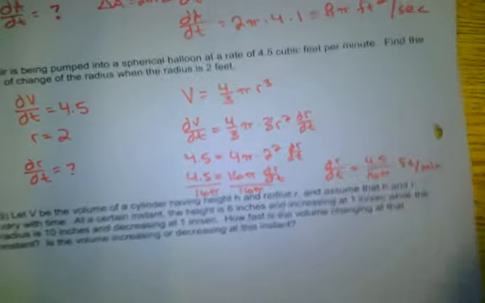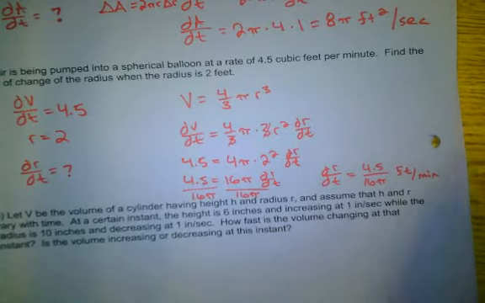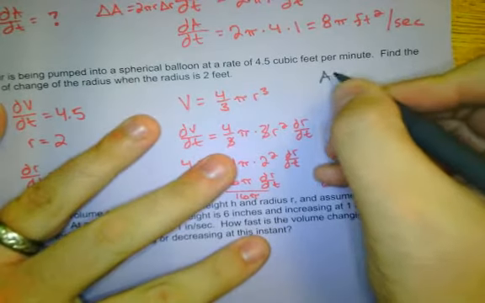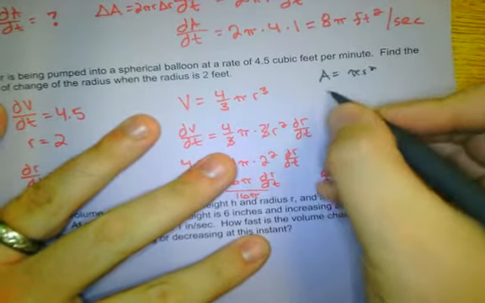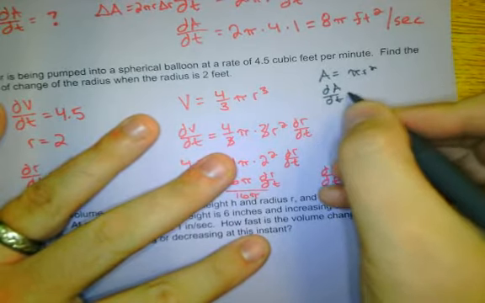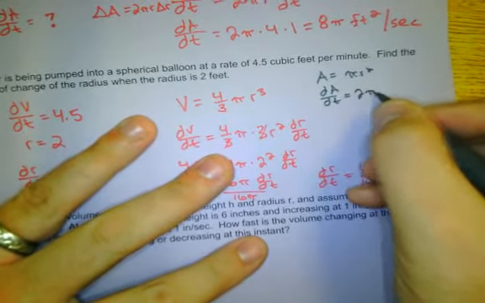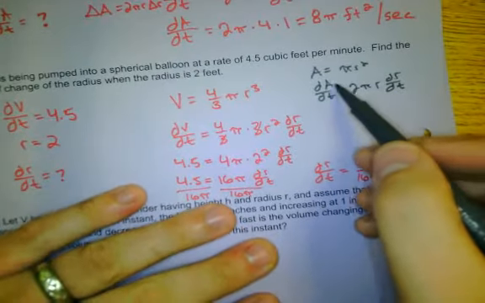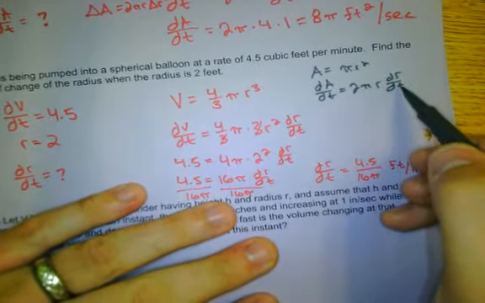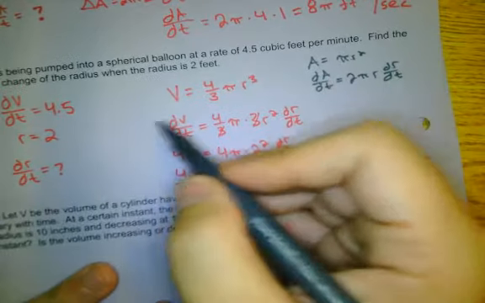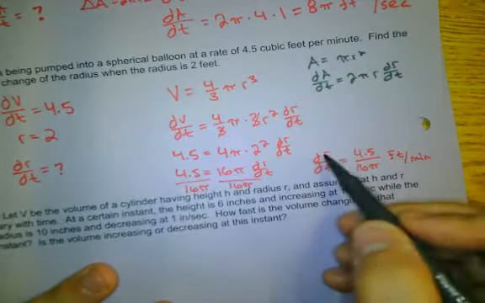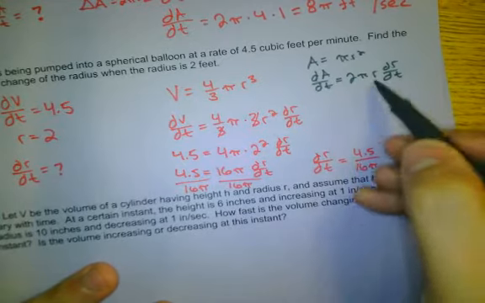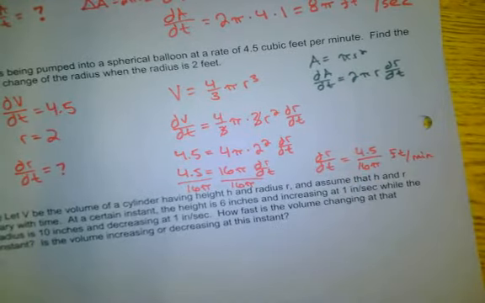Because if we needed to find dA/dt, because we know A equals pi r squared, and dA/dt is equal to 2 pi r dr/dt, I can't do this problem because I don't have dA/dt and I don't have dr/dt. So you would need to do this problem to figure out what dr/dt is, and then you would plug it in and solve for dA/dt.